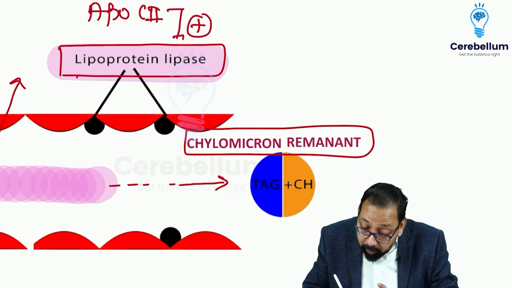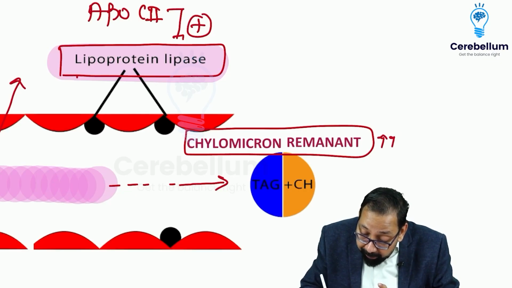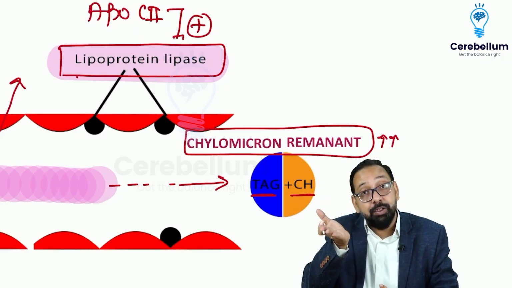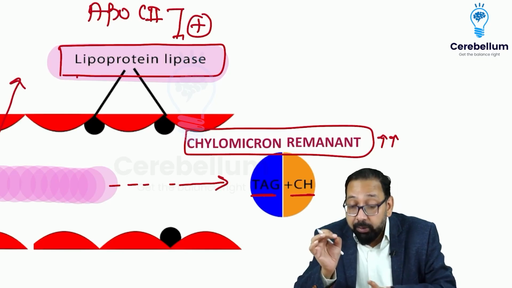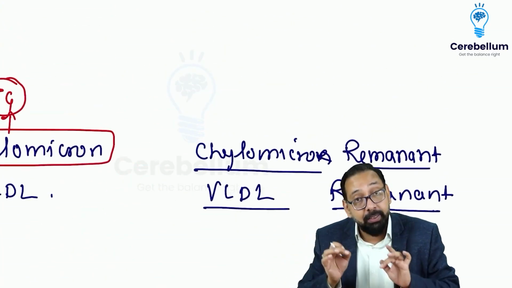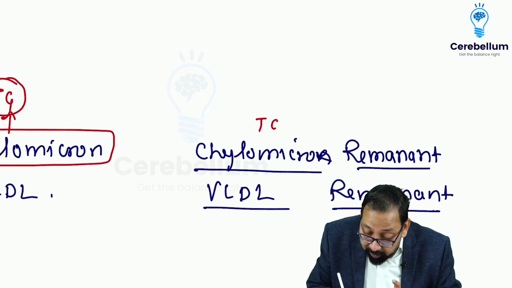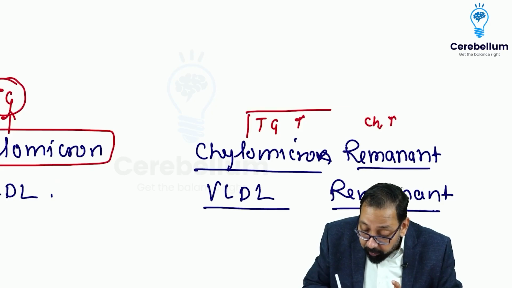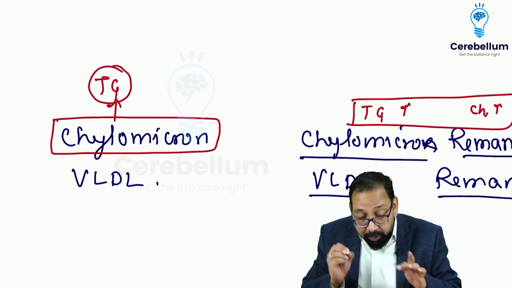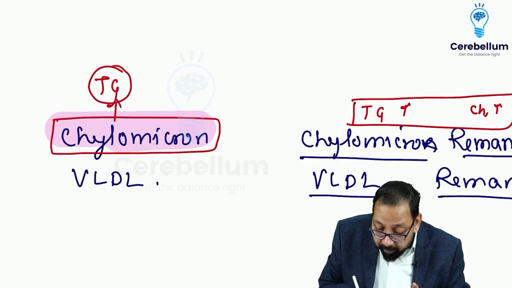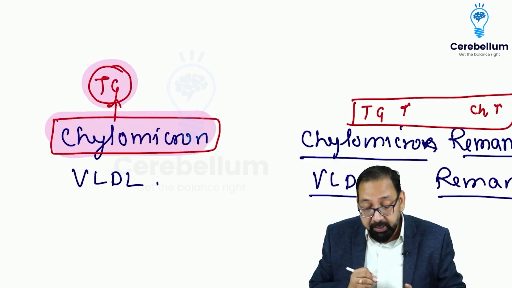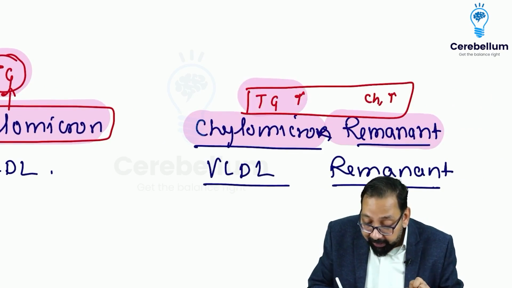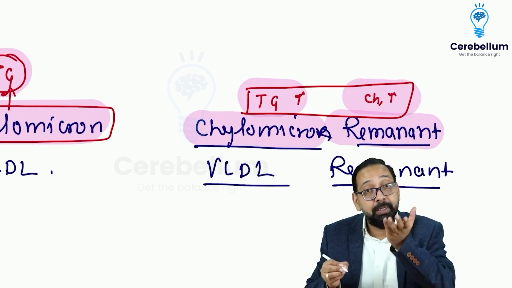So if chylomicron remnants are increased, you will say triglyceride and cholesterol are both increased. Clear? So here is a mnemonic: chylomicron, a single word, only one type of lipid is increased. Chylomicron remnant, two words, both triglyceride and cholesterol are increased.